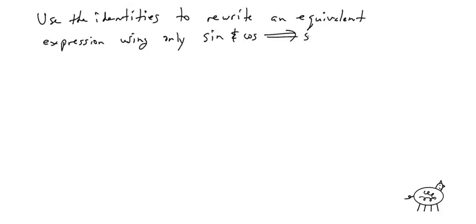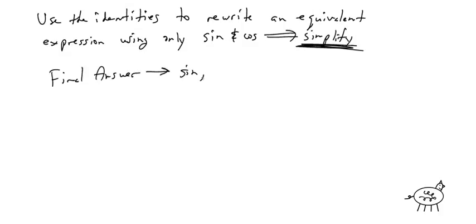And then you're going to simplify it. Okay, that's huge. You've got to simplify it. So basically the final answer can be in sine, cosine, tangent, secant, cosecant, and cotangent. It really can be any of those values.